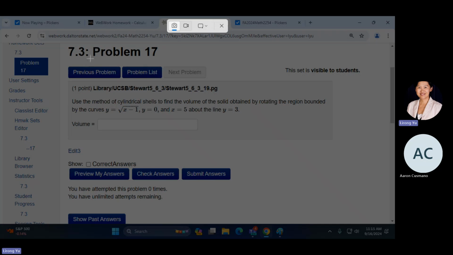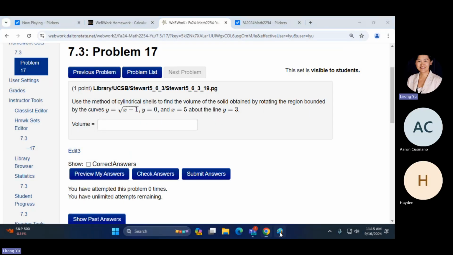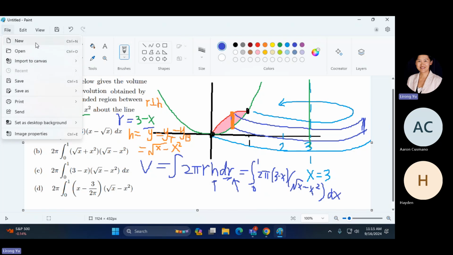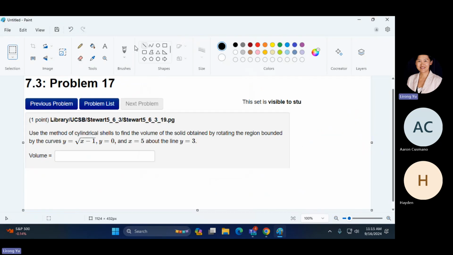So first we will try to understand exactly what shape we are revolving and have a visual view of it. So let's see the axis, and then we'll draw the axis.